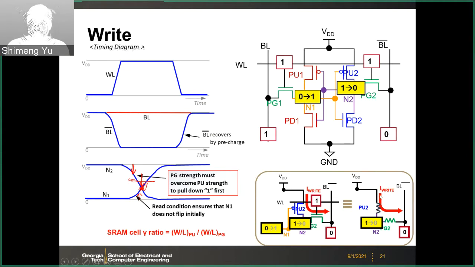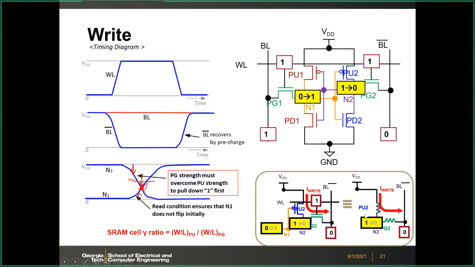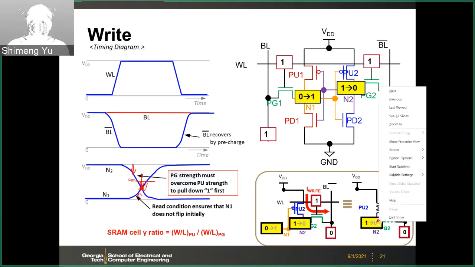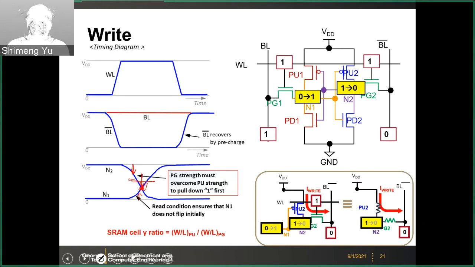So you have this red current path. And again, the condition we mentioned earlier, the N2 node voltage needs to be low enough to trigger PU1 additional current.